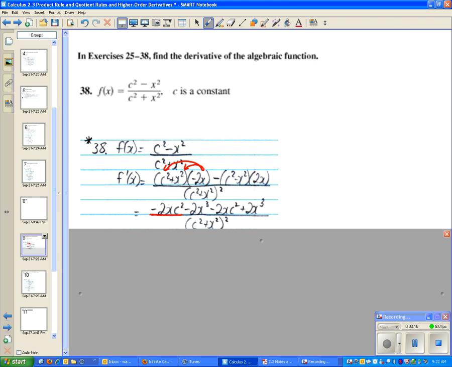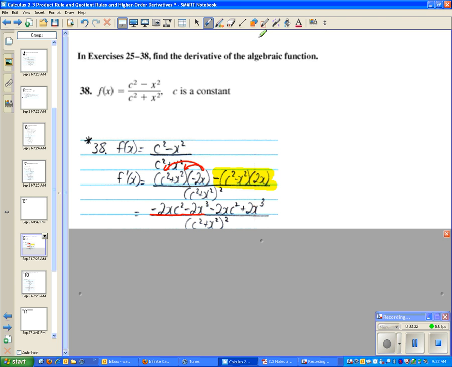Negative 2x times x squared is negative 2x cubed. Now, look what's going on here that I'm going to highlight in yellow. I need to distribute a negative as well as a 2x. Do that in one step. Think of that as distributing a negative 2x.